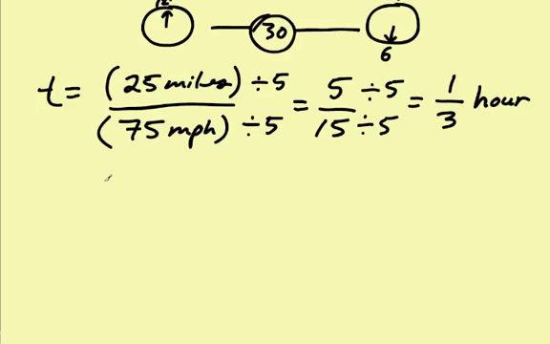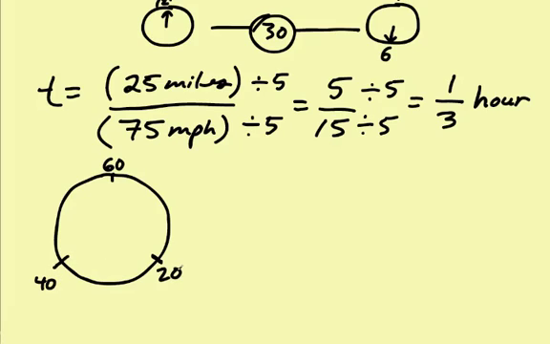I think it'll make more sense as minutes. So if I have 1/3 of an hour, let me go ahead and draw my clock. Okay, the clock in one turn is worth 60 minutes. So 20 minutes should be right there. And if I think about the 20 minutes as one block of time, the next set of 20 minutes should be 40.